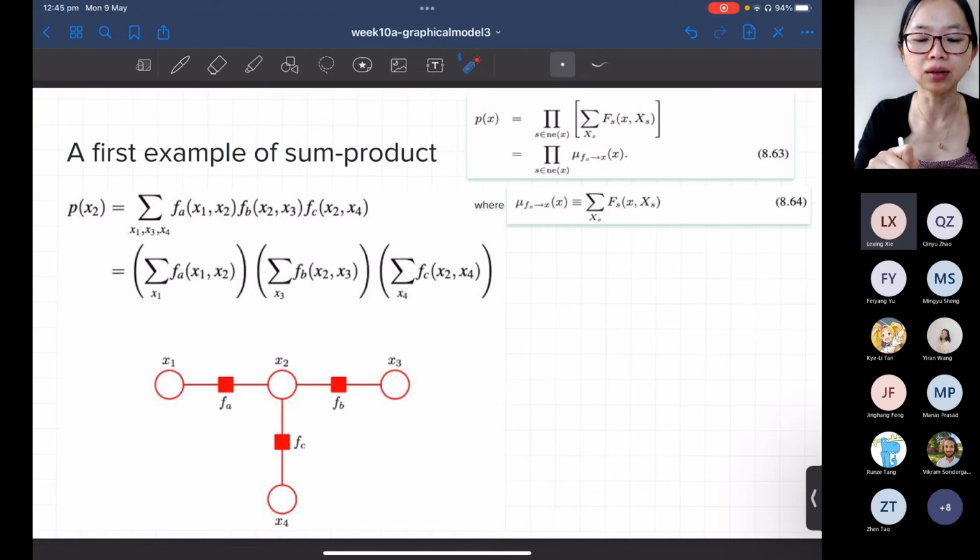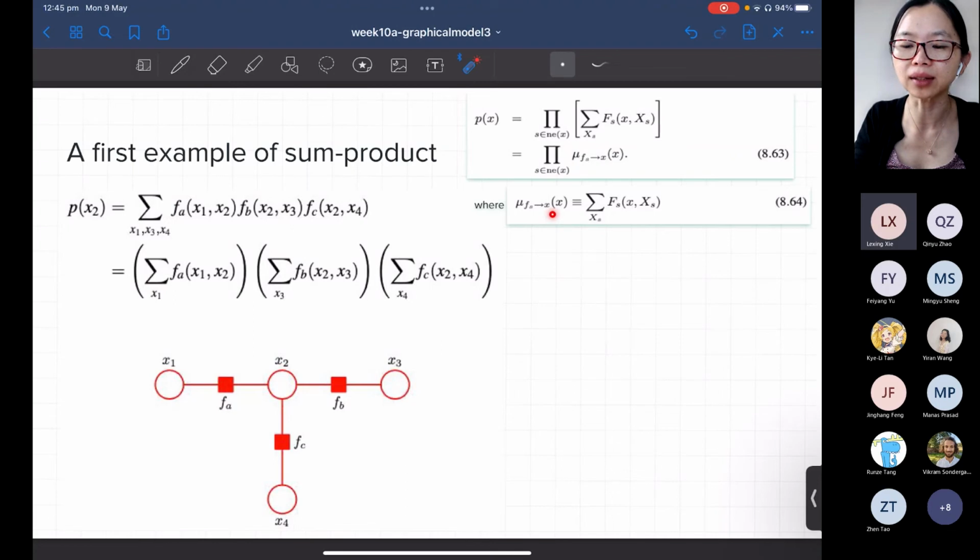And then because for factor A, the downstream nodes from factor A only involve x1, we can essentially use that formula 8.64 and pull x1 out. When we sum over x1, the only relevant factor is f of A. Okay, so that's the first mu.